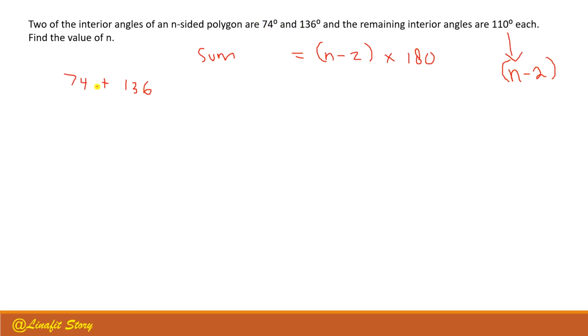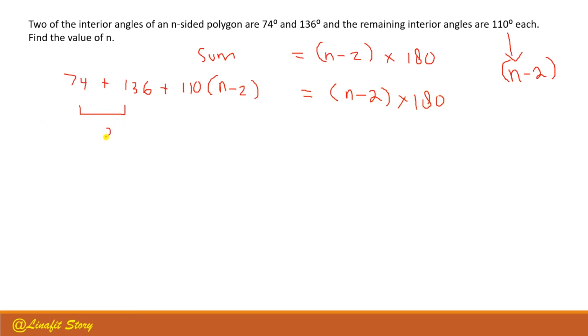So over here, 74 plus 136 plus 110, open bracket, n minus 2, is equal to n minus 2 times 180 degrees.